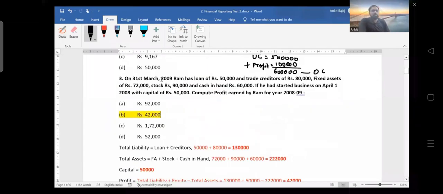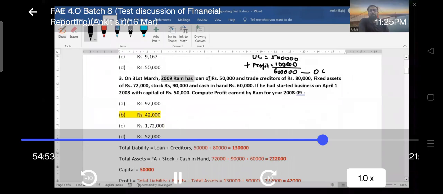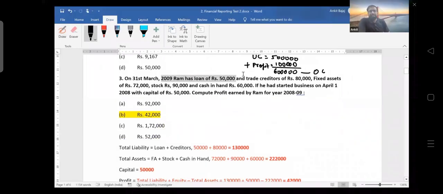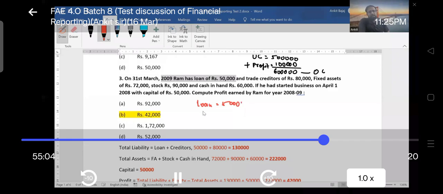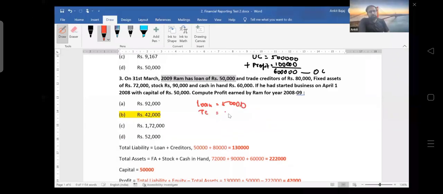On 31st March 2009, Ram has a loan of rupees 50,000 and trade creditors of rupees 80,000. Here I will write down: Ram has a loan of rupees 50,000 and trade creditors were of rupees 80,000, fixed assets of rupees 70,000, and stock of rupees 90,000.